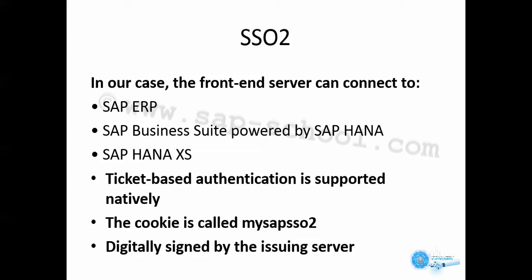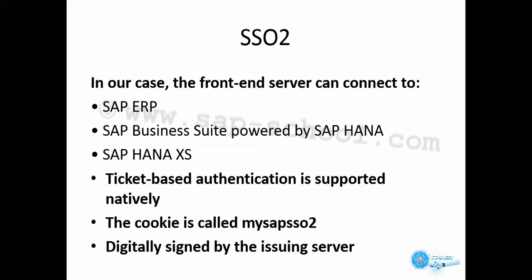The Fiori application can send the request directly to the front-end server, the SAP backend server, and the HANA server. All those requests are authenticated by each of these systems depending on which is the recipient system.